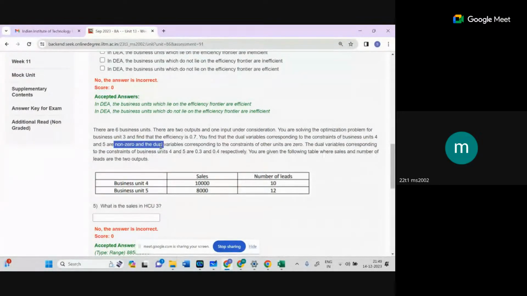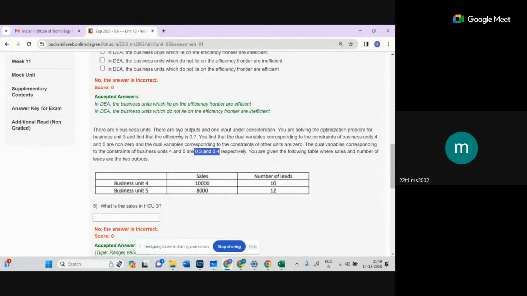And what are those variables? Business units 4 and 5. You are calculating the economic efficiency of business unit 3. When you go to Excel Solver and run the sensitivity analysis, you are going to get non-zero dual values for business units 4 and 5, and they are 0.3 and 0.4.